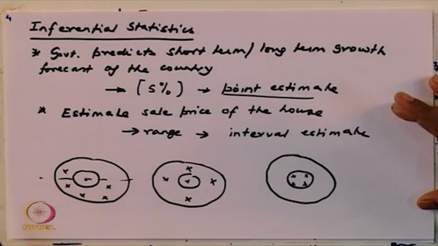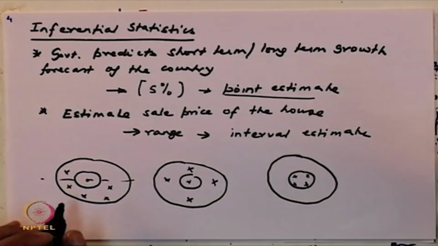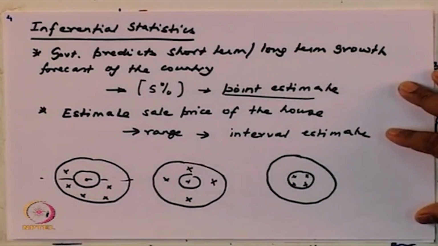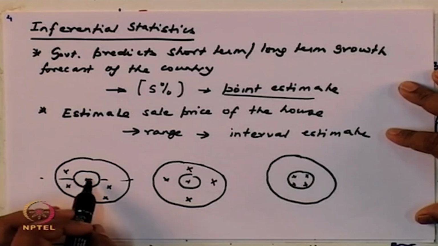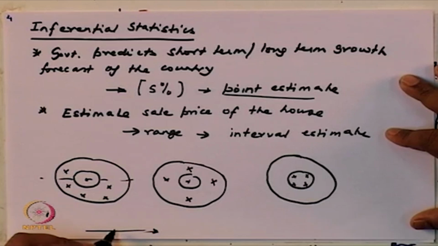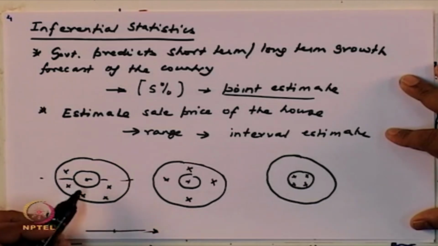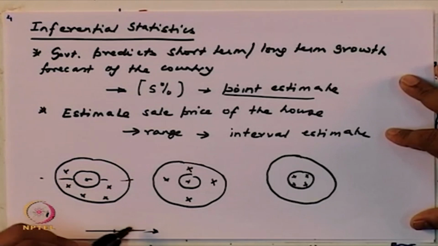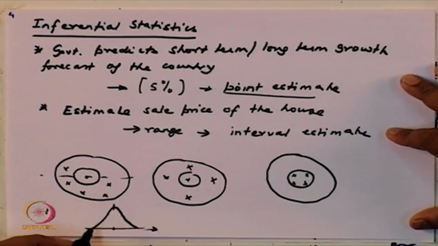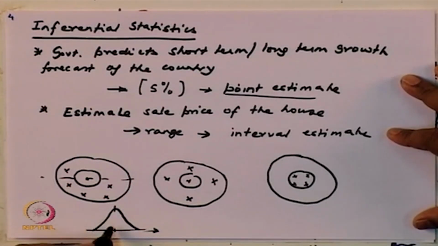When you want to come up with a point estimate, what should be your yardsticks? Number one, if this is the true value of a parameter that you are trying to estimate, you want an estimator which is unbiased. In other words, it has equal chance of predicting slightly higher or slightly lower values.